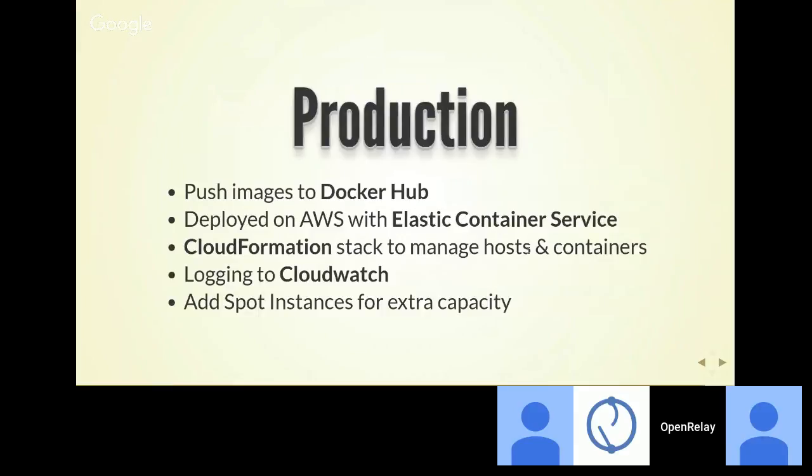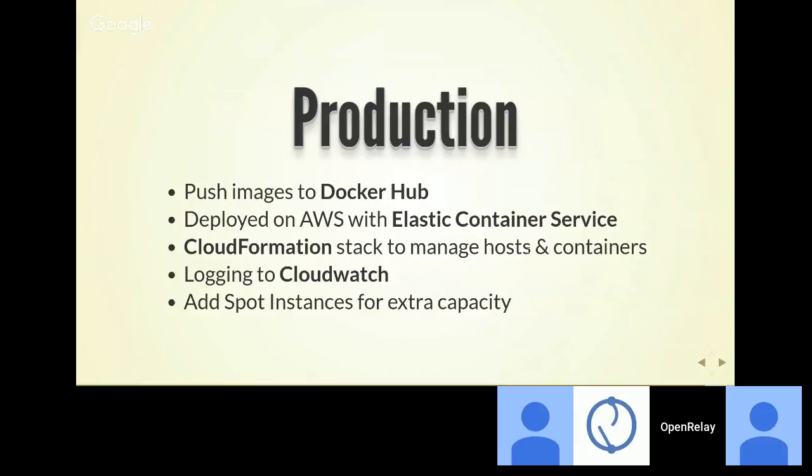Okay, so in production, what I've been talking about so far is our development environment. In production, we push our images to Docker Hub. They're publicly available on Docker Hub. We're an open source project, so we have no reason to not make our Docker Hub images available.